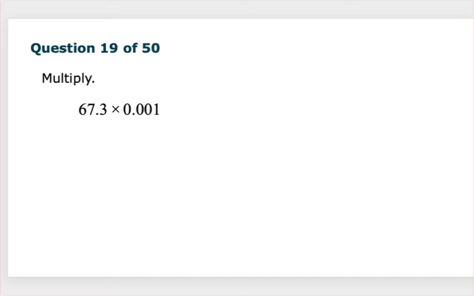And we are multiplying by 0.001, which is a smaller number. So we're going to get a smaller number, aren't we? Let's put 0.001 and then 67.3.